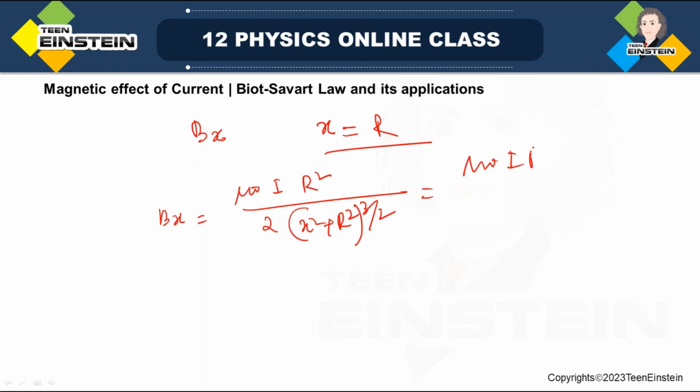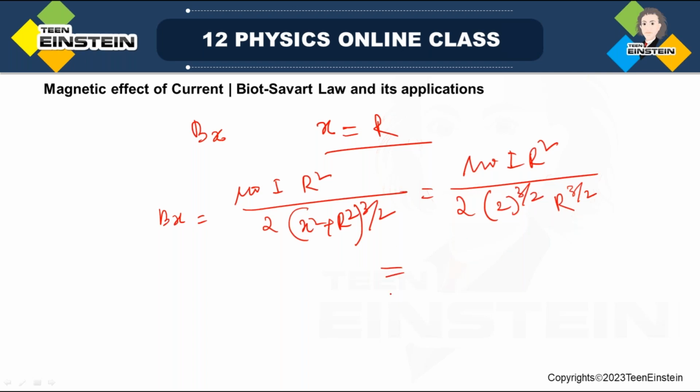Mu 0 I r square divided by 2 into 2r square, to the power 3 by 2, since x square plus x square is 2 r square.